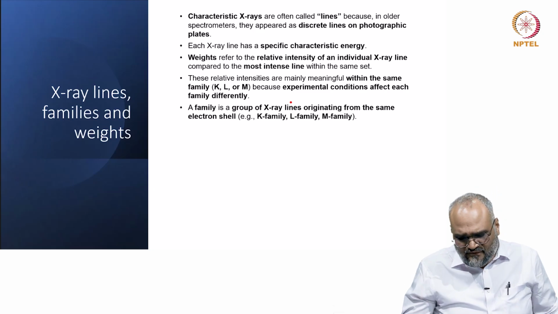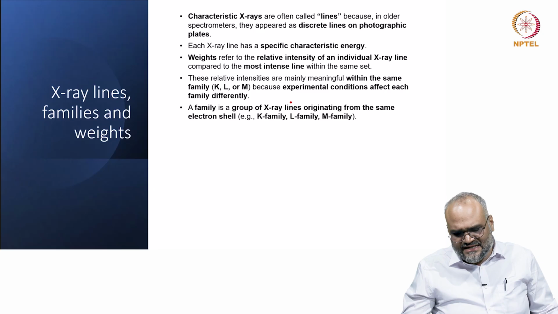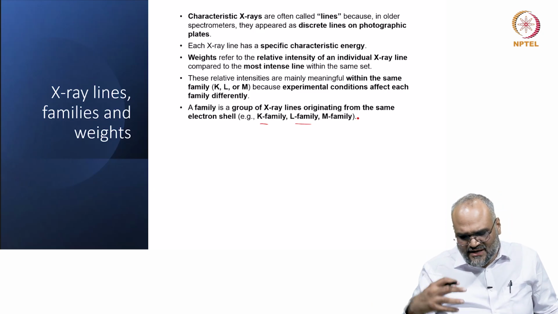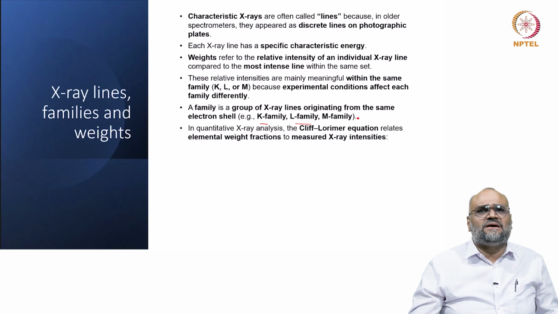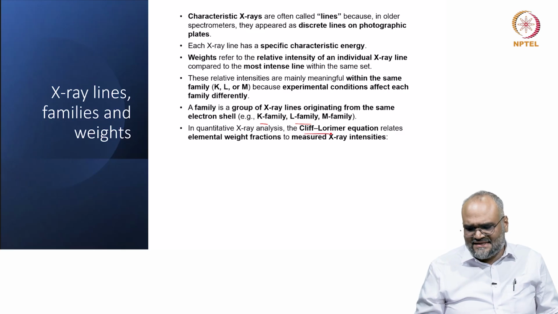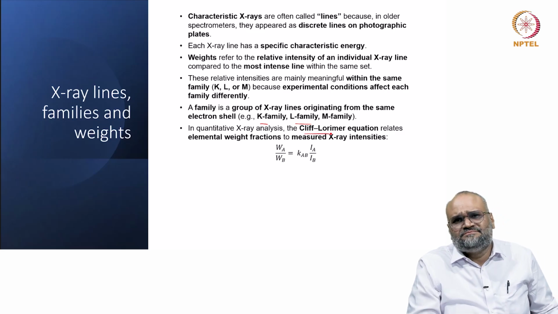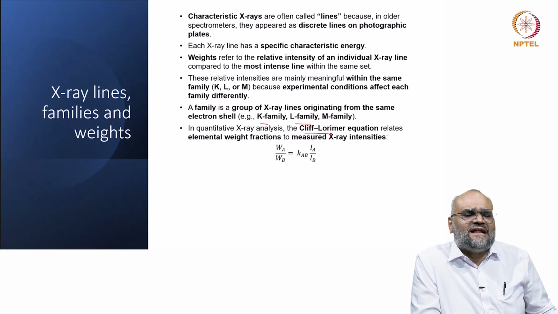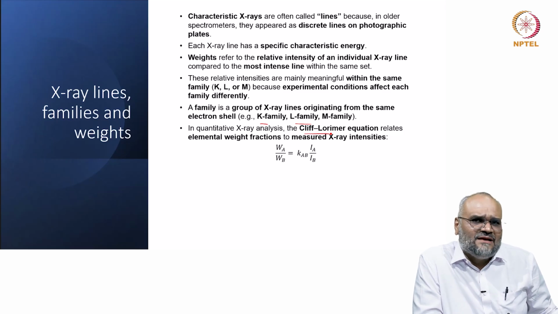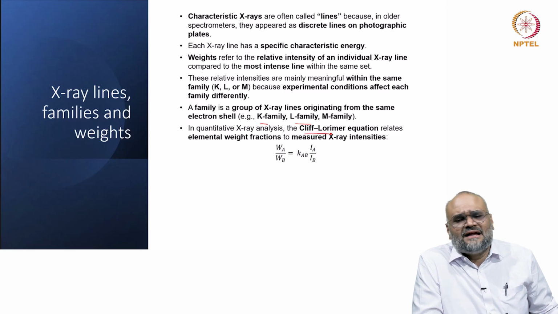So, when a group of X-ray lines originate from a particular shell, you call them the K family or L family lines, and typically you can quantify from these peaks through what is called the Cliff-Lorimer equation. If A and B are two atoms giving characteristic X-ray lines with intensities IA and IB, this is specifically looking at the area under these peaks.